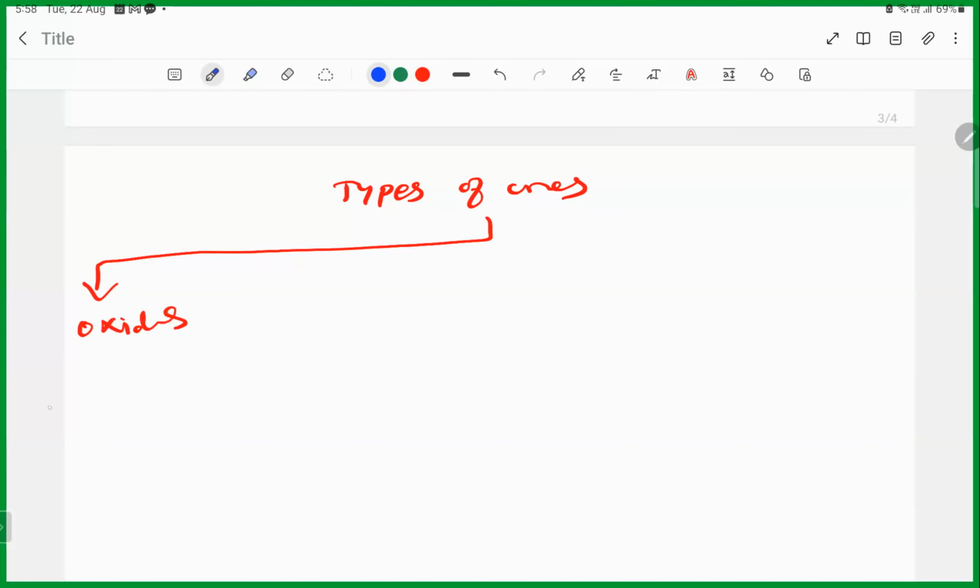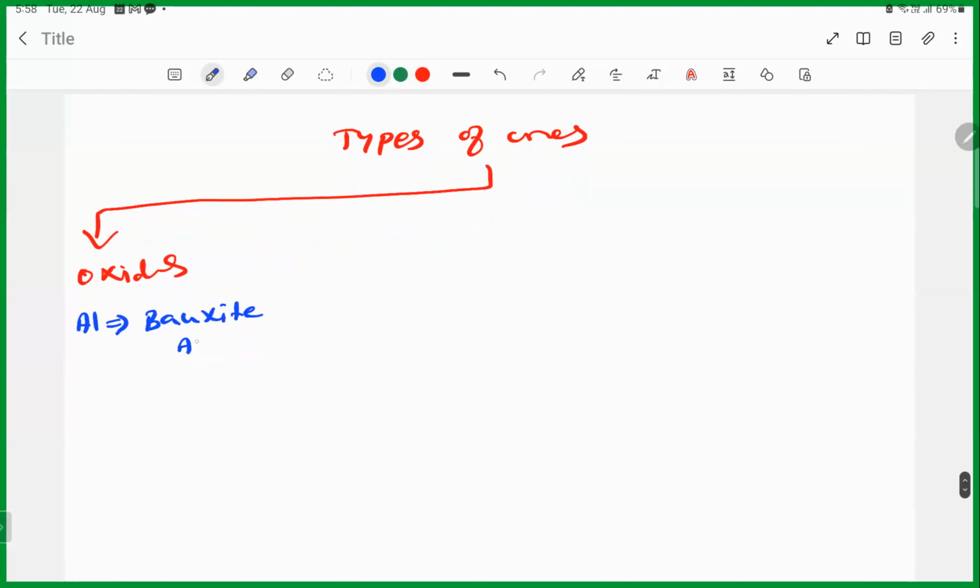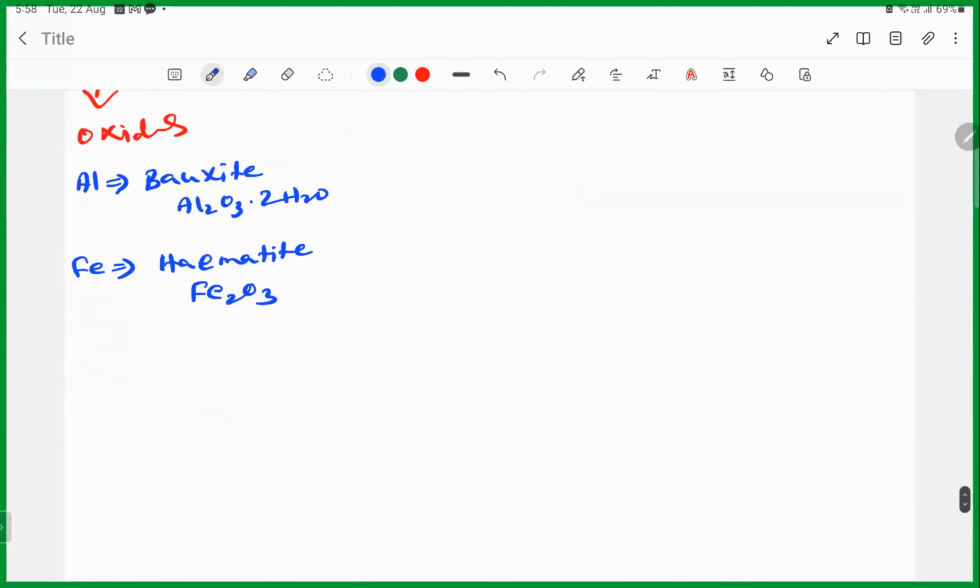For example, aluminium. It will be available as bauxite. So bauxite is nothing but Al2O3 and 2H2O. And iron, which is obtained as hematite, which is Fe2O3. And then another thing, magnetite, that is also iron ore, Fe3O4.